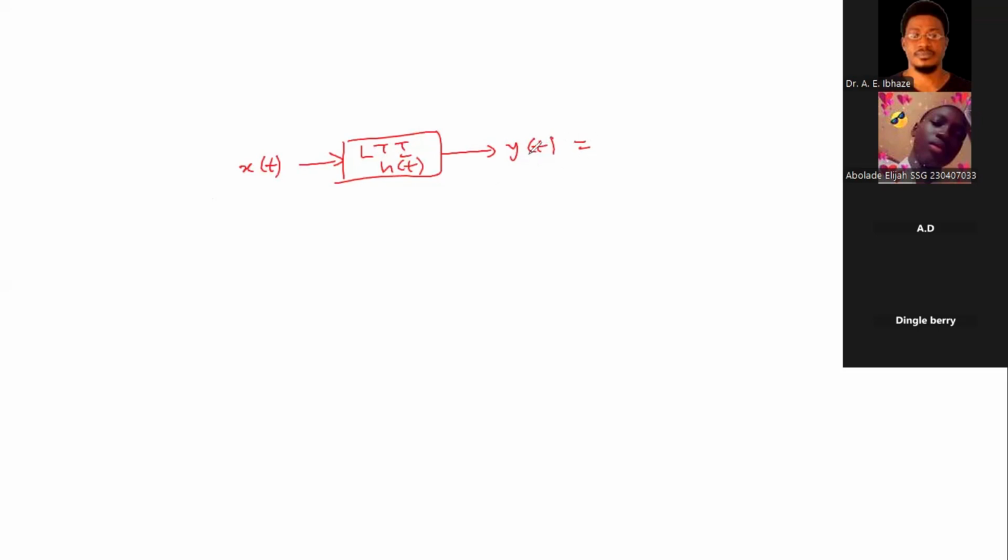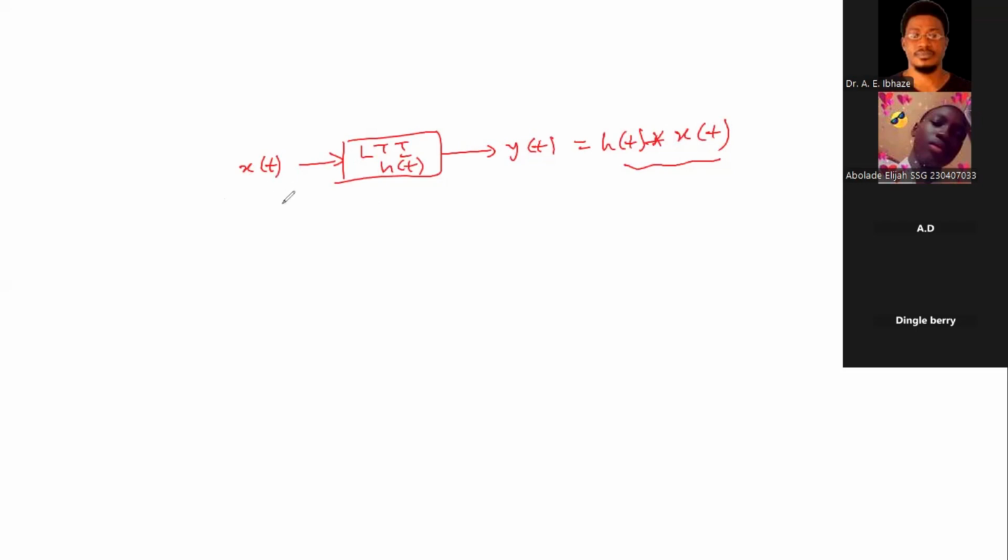So y(t), being the response, will be h(t) convolved with s(t). Now, in the time domain, we have this convolution. But if we transform to the frequency domain, this convolution operator becomes multiplication. We're going to see that later, but don't forget about that now.